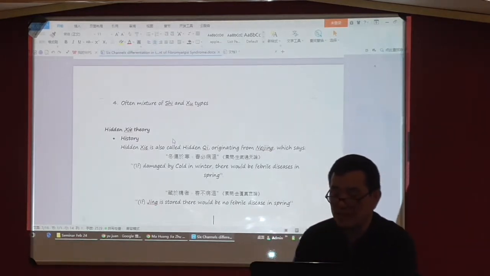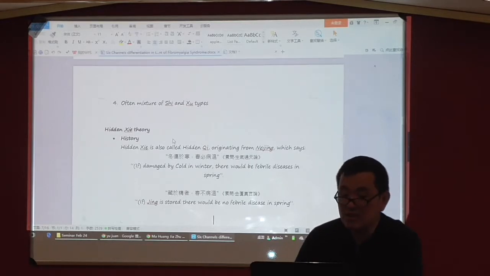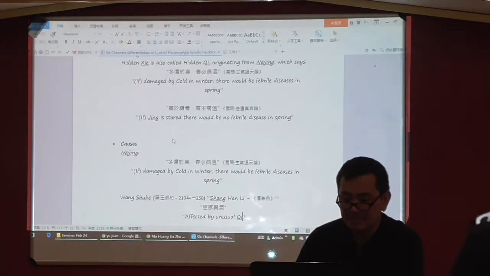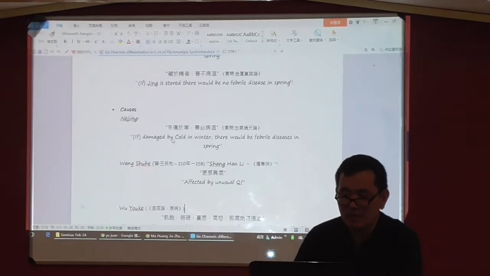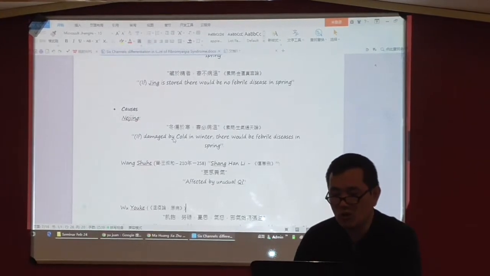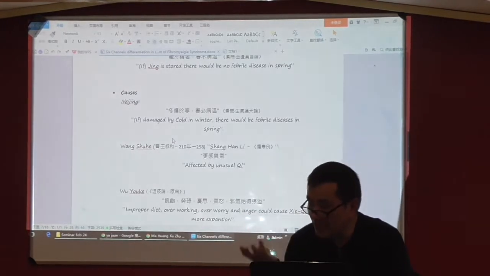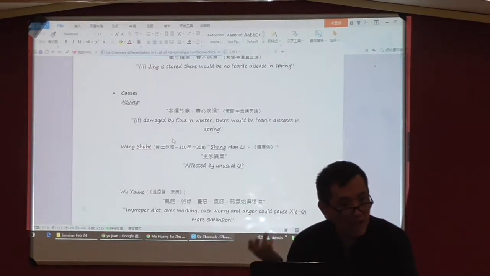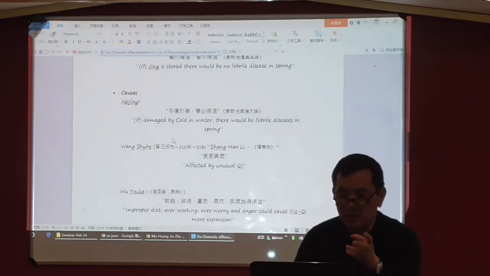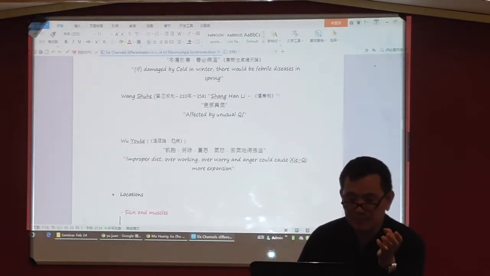So not only immediately, because the pathogenic factor is hidden in the body. And also there are causes of the hidden, I told you about congenital, emotion, diet, life, etc. It's already mentioned in the text.